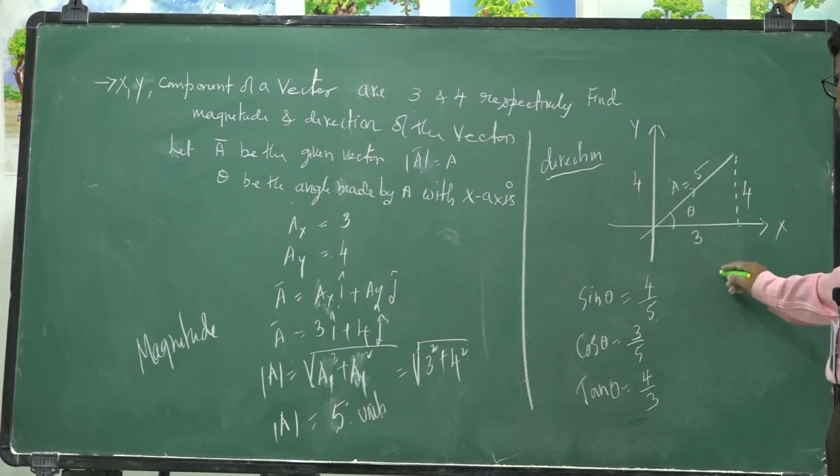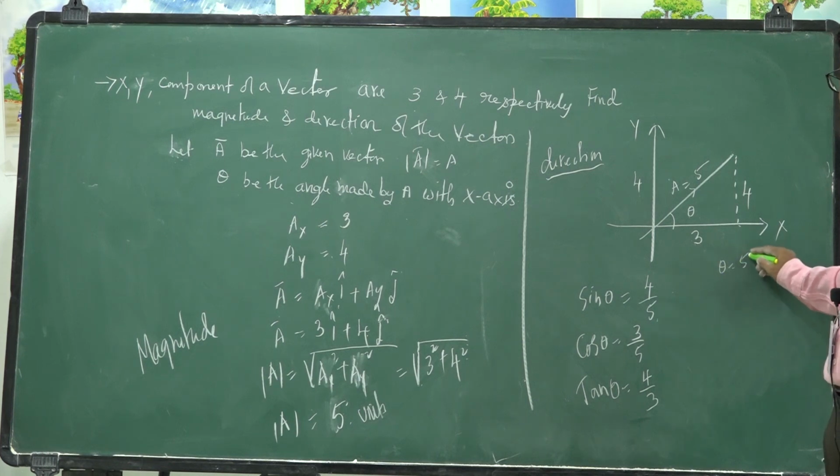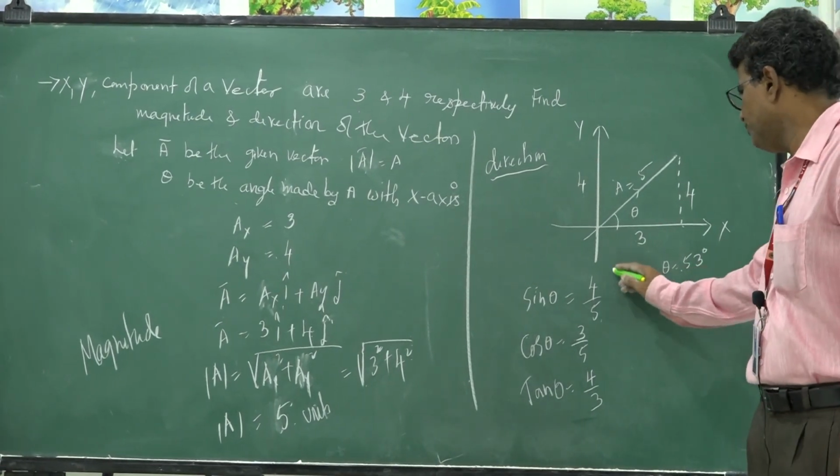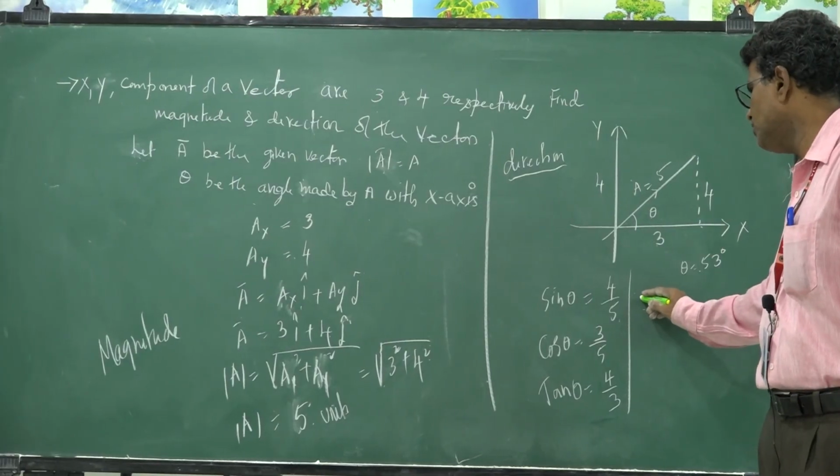Here theta you can remember as 53 degrees. So theta is 53 degrees. What can you conclude?